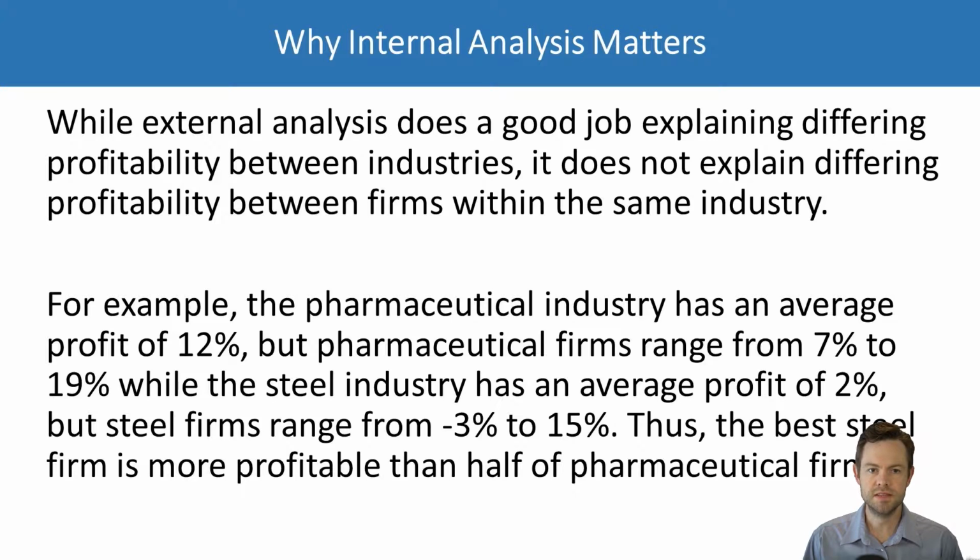However, firms within that industry range in profitability between 7 and 19%. Meanwhile, in the less attractive steel industry that has an average profit of just 2%, firms within that industry range from losing money at a negative 3% up to 15% profitability. Thus, the best steel firm is more profitable than half of the pharmaceutical firms.